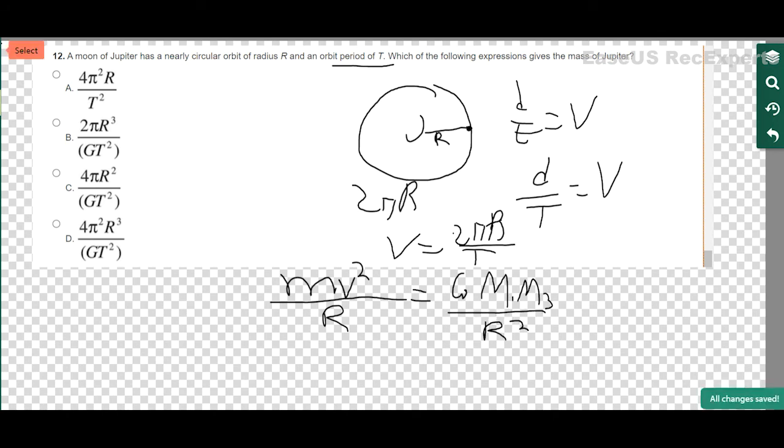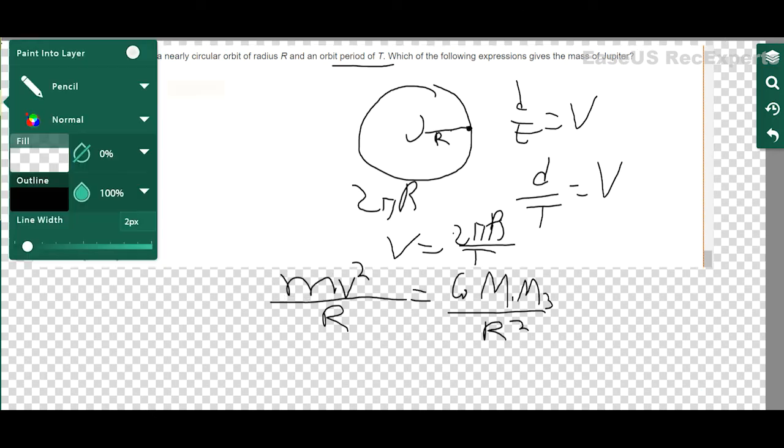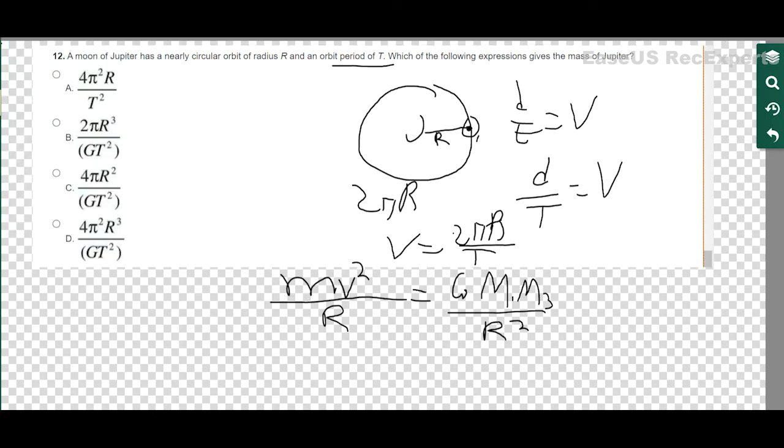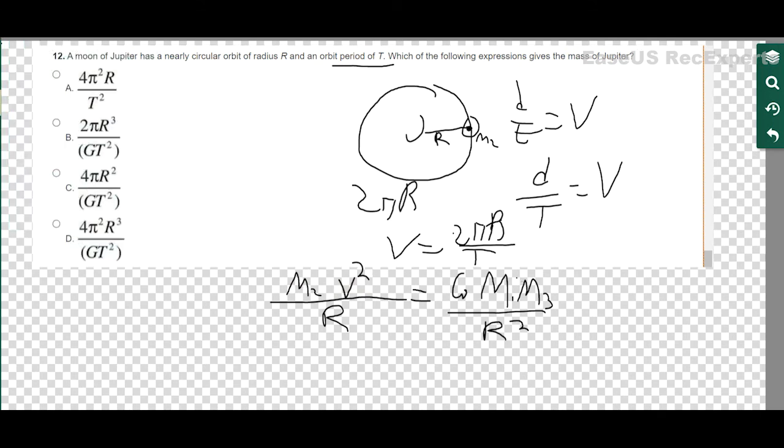I forgot to mention that this m is equal to m2, because we are once again using this mass for our centripetal motion force. So we can cancel this m out and replace it with m2, and we can cancel out the m2, doing something very similar to the previous equation.